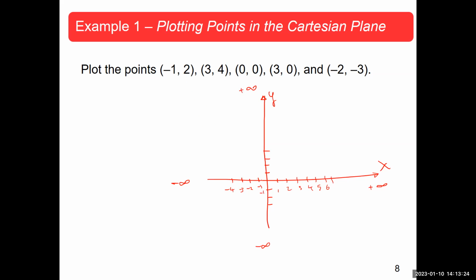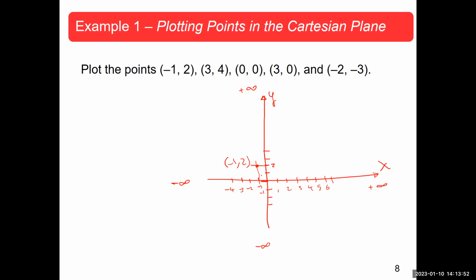So this one, -1, 2. There are two ways to plot the point. From the origin, I go -1, I draw a vertical line. Then for 2 on y, I go up, this is 2, and I draw a horizontal line. This intercept is the point -1, 2.